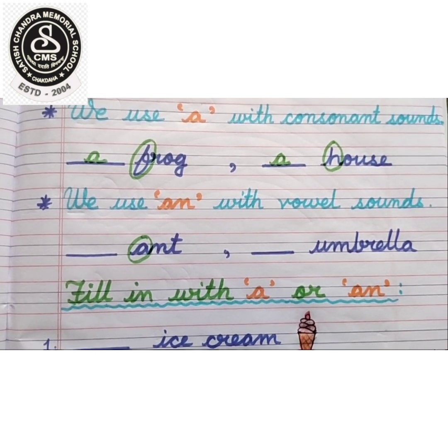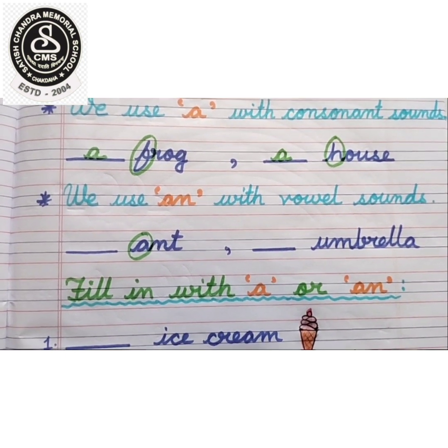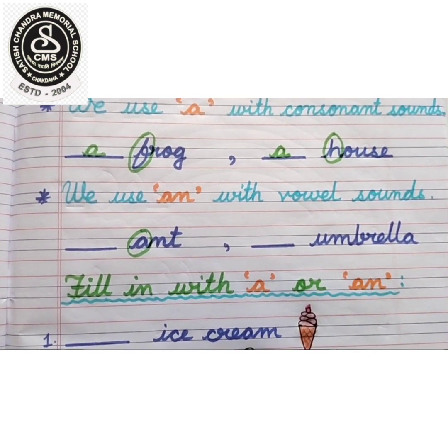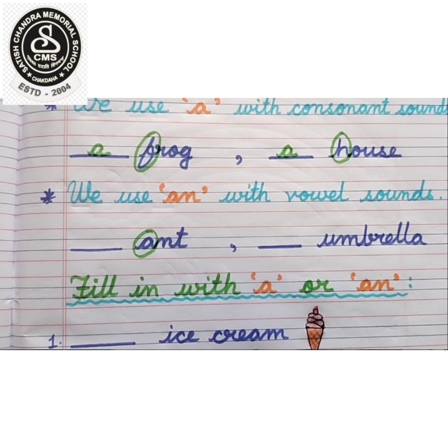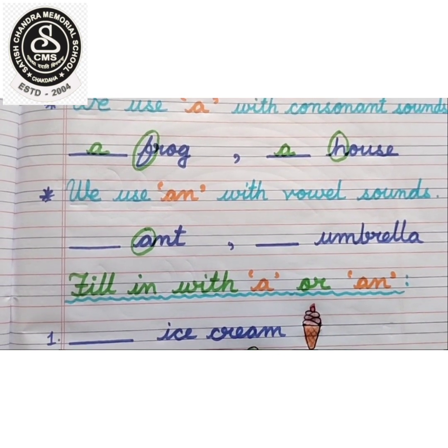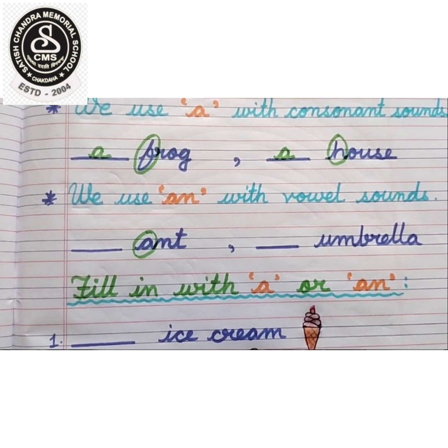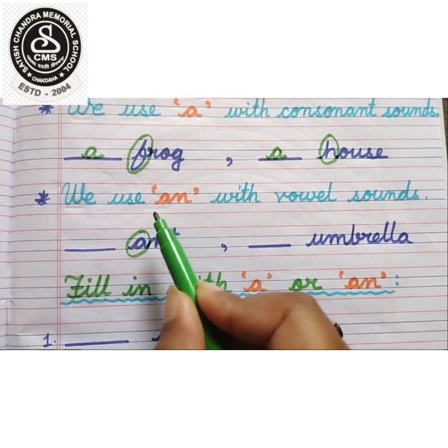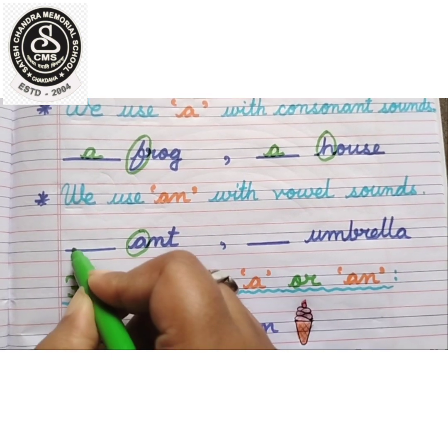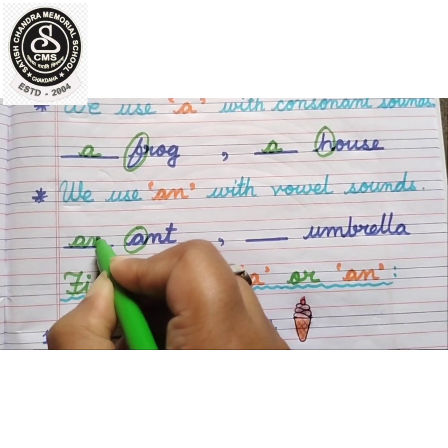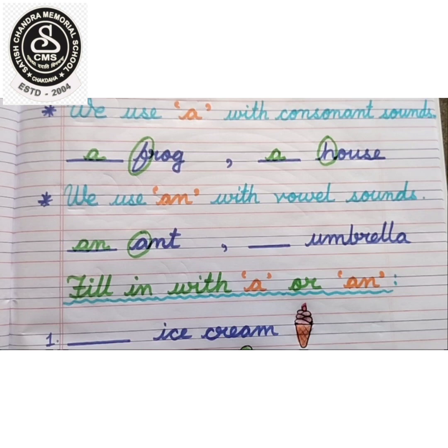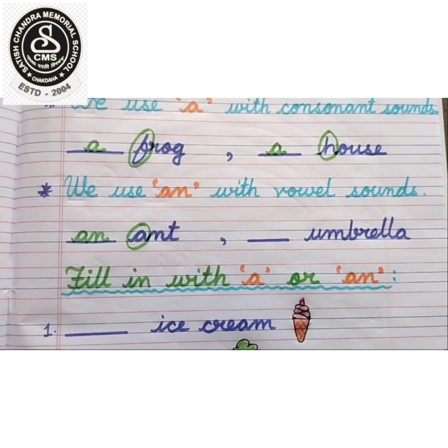Very good. A is a vowel. So, A is a vowel sound. So, what do we have to write before vowel sound words? Very good. We will write an. So, we will write an before vowel sound words.